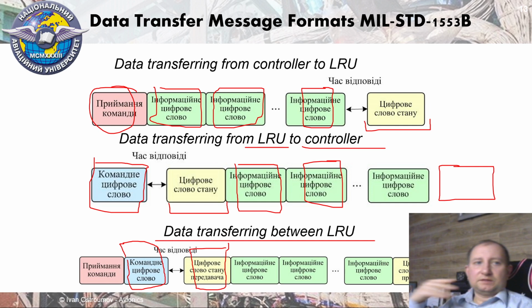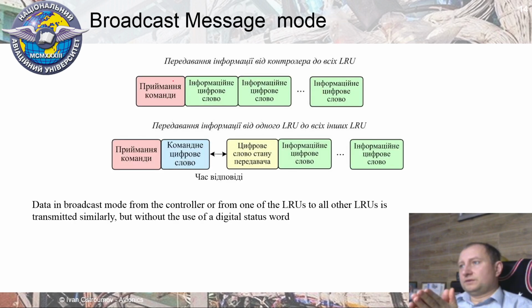In the case of broadcast mode, when we need to transfer the data from bus controller to all other LRUs in the network, we do not need to use status word. Just the bus controller issues a command for transferring, and then just sends digital data words.